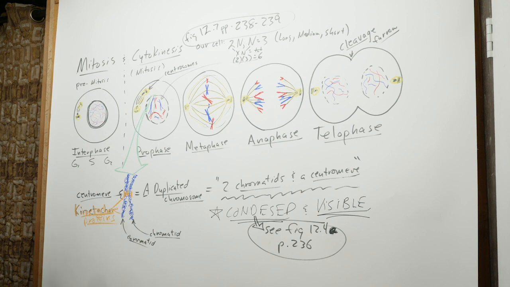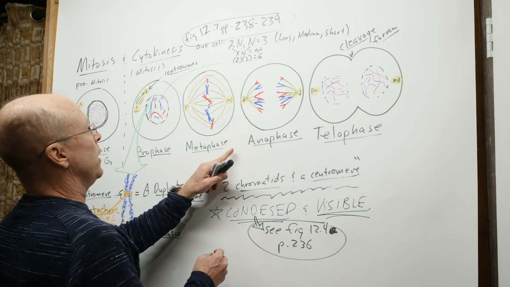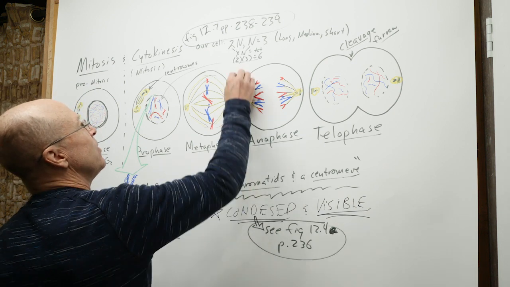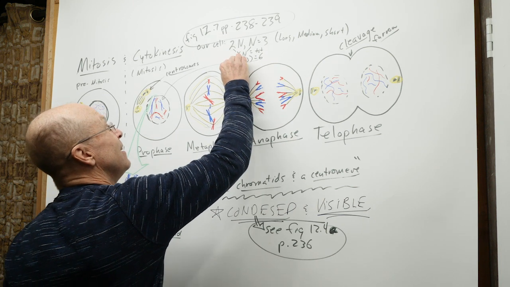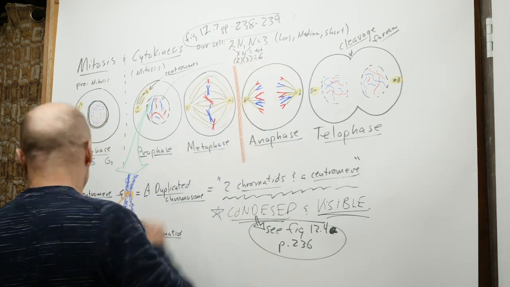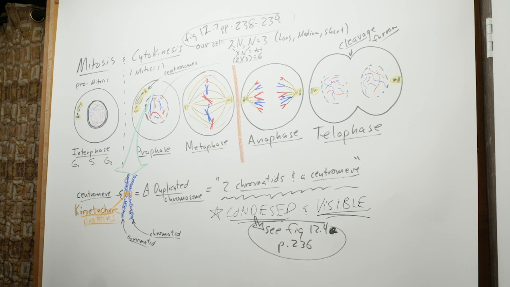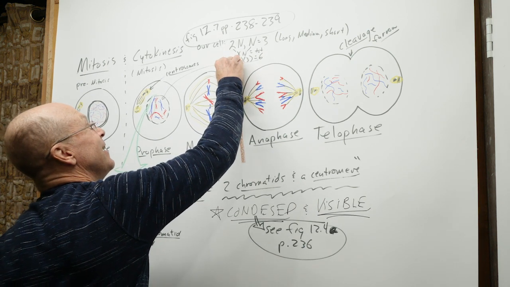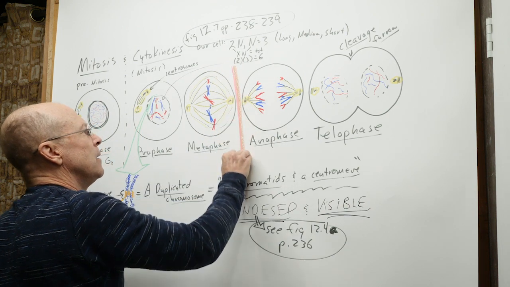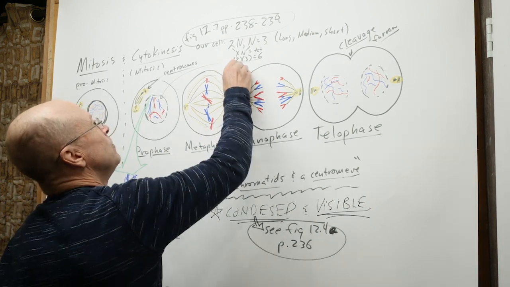Remember, there's another thing that we should contemplate here. Between metaphase and moving on to anaphase, we have this checkpoint. On either side of that checkpoint, we would have a red light here and a green light here.